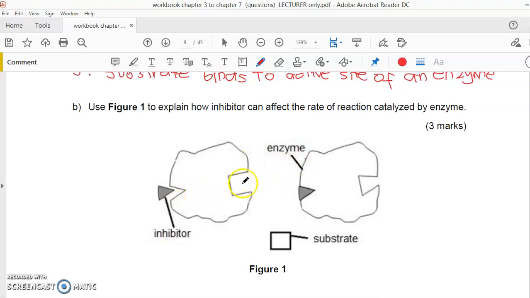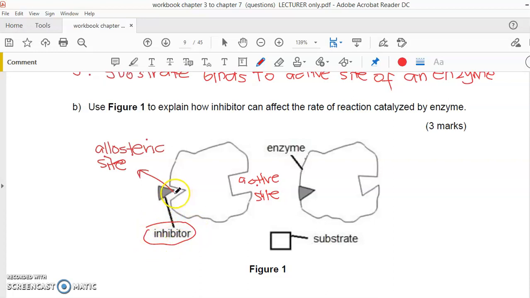So this is an enzyme with active site, and this is the other side, other than the active site, known as the allosteric site. So in this situation, this inhibitor binds to the allosteric site.